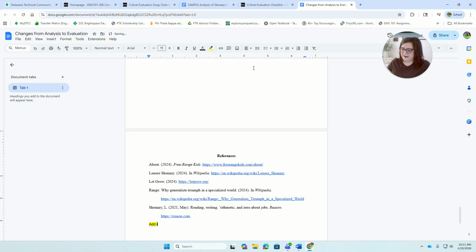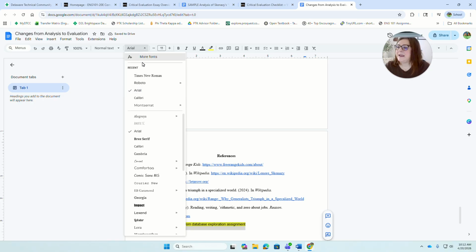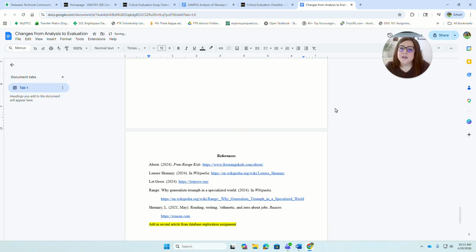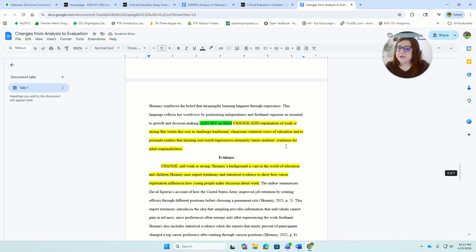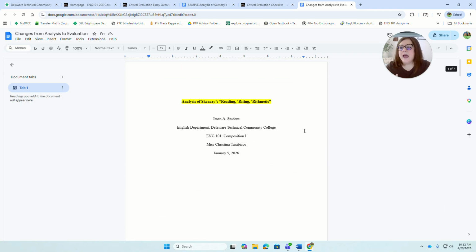Highlight, add in second article from database exploration assignment. Okay, so don't forget to do that as well. That's going to be important, all right? So you guys, that's it. That is what it looks like. That's what I would do. Really explaining how to go from analysis to evaluation, where specifically you need to make the changes and additions.